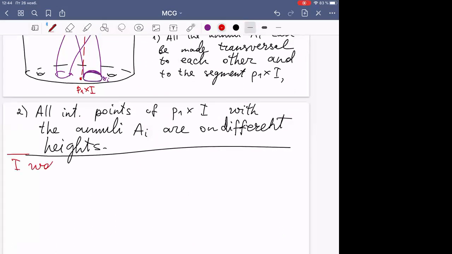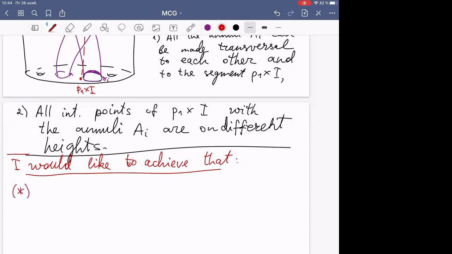But we would like to achieve the following condition. If gamma_i and gamma_j are disjoint, so if two curves are not disjoint, then we do not want to make any restrictions on the intersection of the corresponding annuli.